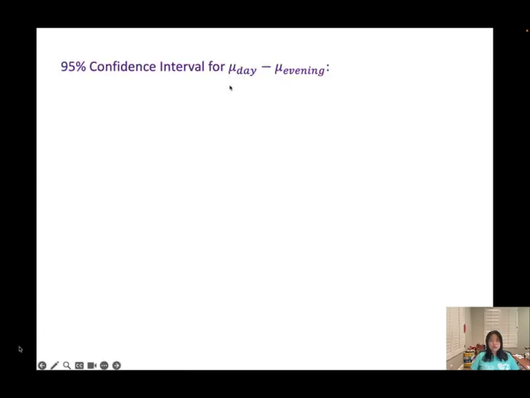Either I let the day students be my population 1 and evening students my population 2, or I could specifically write it down here: mean of the day minus mean of the evening. You could find the answer looks like this. I'm going to show you how to use the calculator after this slide.